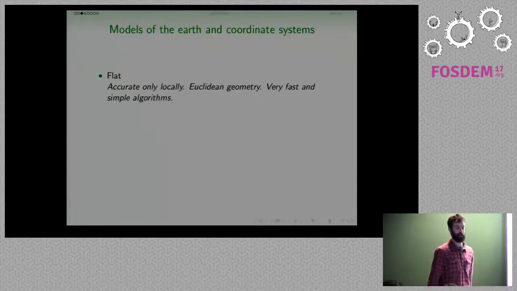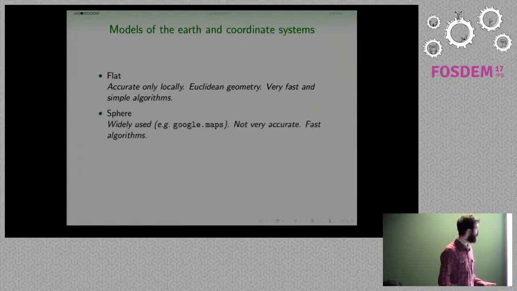It's easy because you can use Euclidean geometry. It's very fast and simple algorithms. But if you want to go a bit more accurate, we can assume that the Earth is a sphere. This is widely used, for example, in Google Maps. It's not very accurate, but it's better than flat. And we have fast algorithms.